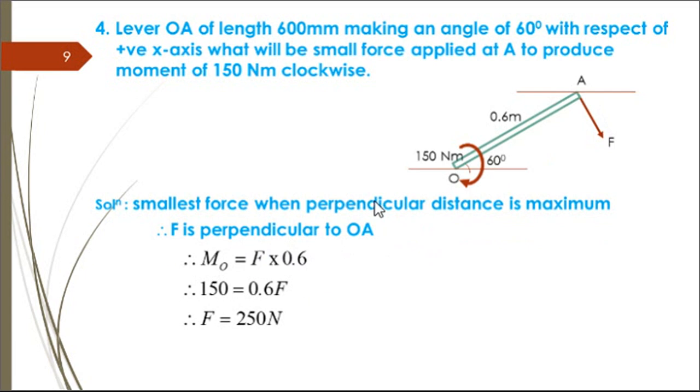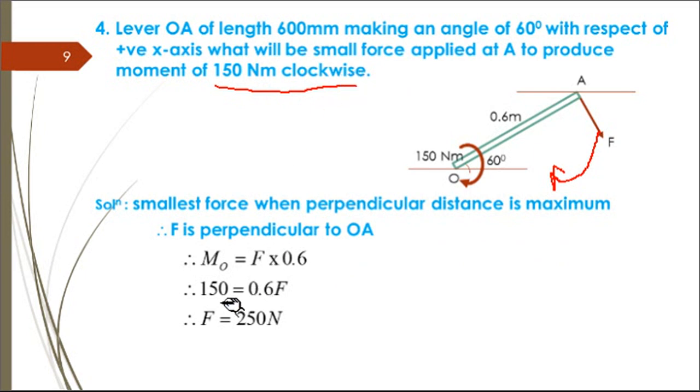Okay, and hence if we consider the moment about point O, it is equal to the force F multiplied by the perpendicular distance 0.6 meter, and the nature of moment, it is going towards point A is like this. So nature of moment is positive, that is clockwise in direction, and the value, so F into 0.6, and the value of this moment about point O is given as 150 Newton meter clockwise.